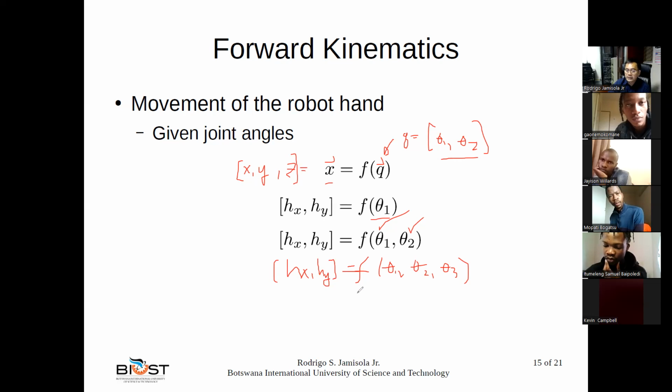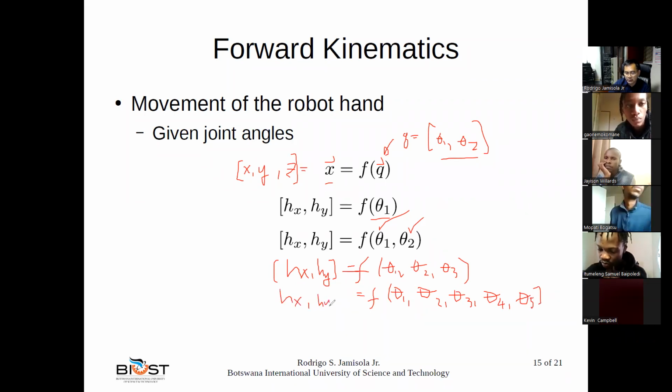It doesn't matter how many joints you have, the hand position will still be HX and HY because this is a planar robot. Theta 2, theta 3, theta 4, how many? What will happen to that one? Well, it doesn't matter. Your hand will still move. If you have 5 joints, your hand will still move with respect to HX and HY.